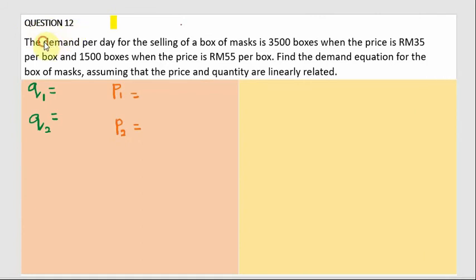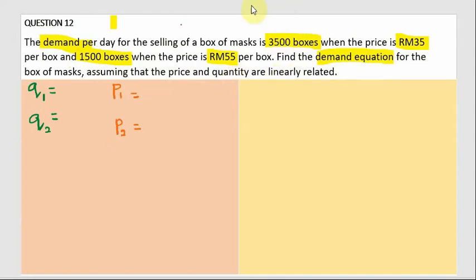Question 12. The demand per day for the selling of a box of mask is 3,500 boxes when the price is 35 per box, and 1,500 boxes when the price is 55 per box. Now, find the demand equation assuming that the price and quantity are linearly related.